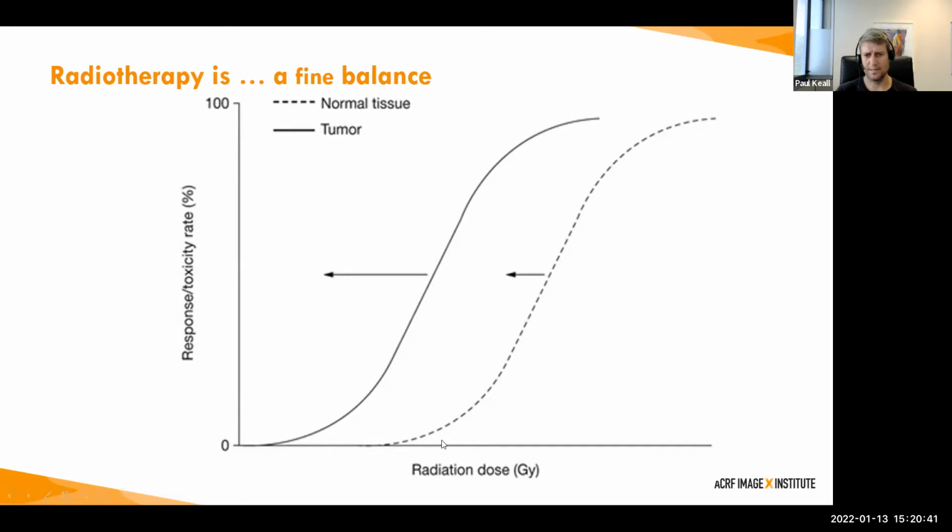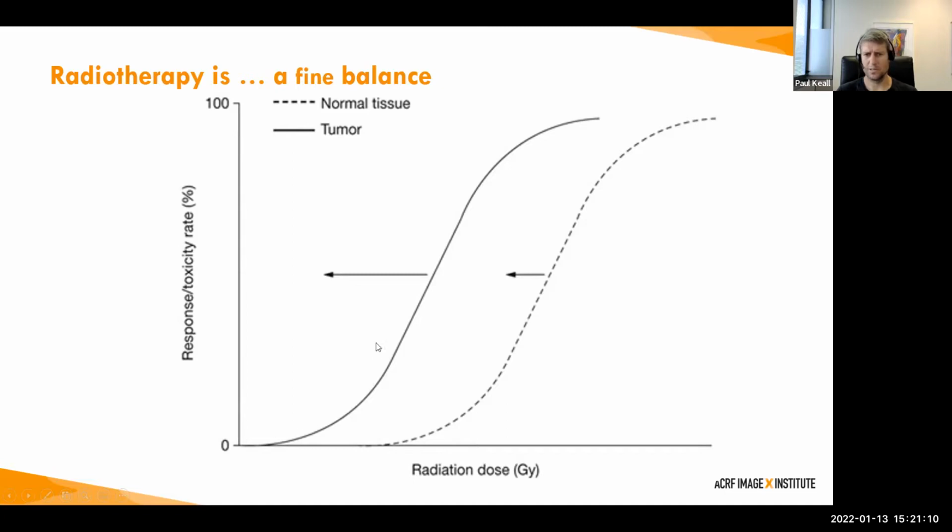So what we're trying to do is, we know that there's a dose response of the tumor. On the x-axis, we've got the radiation dose, and this is something that we've got quite accurate control over. We can give as much radiation dose as we want. There's essentially no limit. And there's the response or the toxicity rate.